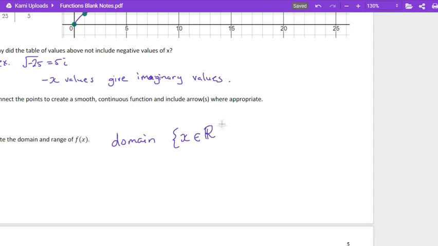So all of the real numbers with one restriction, such that, right? And then this part of the domain is called the restriction. Well, what's the restriction? x is not just greater than 0. Beautiful. Okay? So x is greater than or equal to 0.